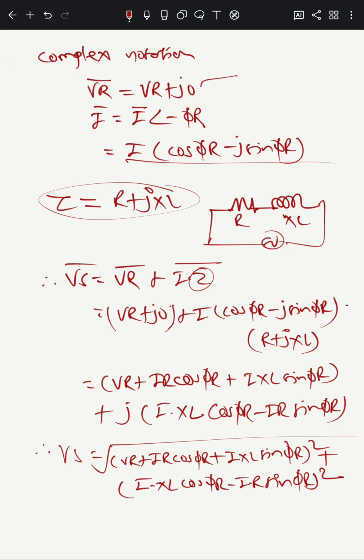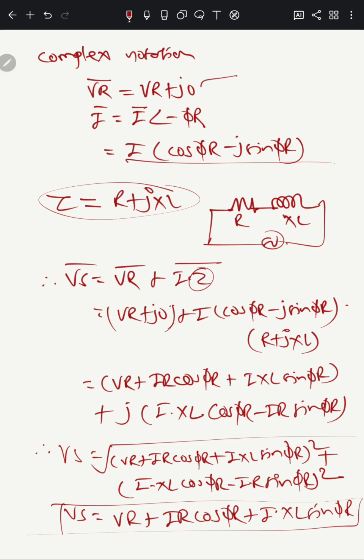Therefore approximate expression for Vs is equal to Vr plus IR cos phi r plus I into XL sin phi r.